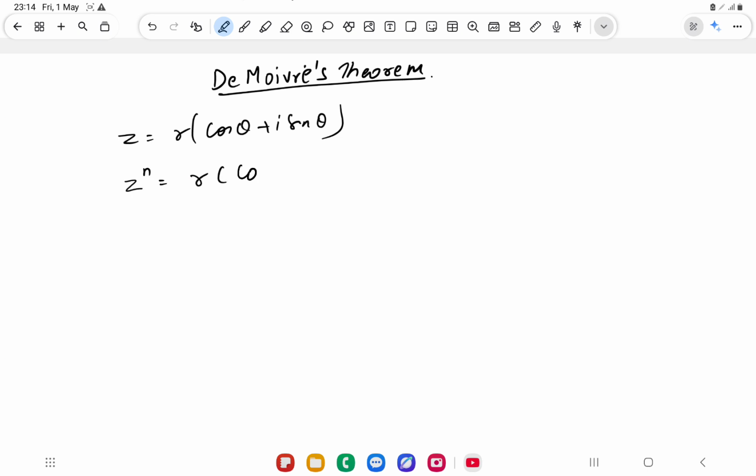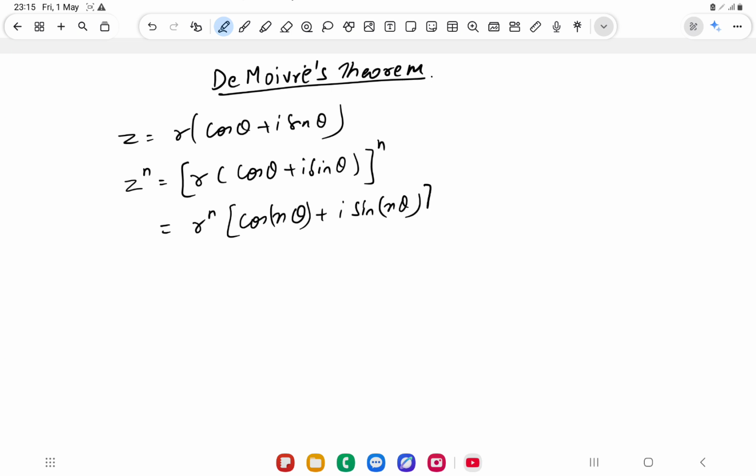It means I can put cos theta plus i sin theta whole to the power n. But to calculate this to the power n will be difficult. So according to this theorem, it becomes r to the power n, and this n gets multiplied with theta, both the thetas. So this is how you can use de Moivre's theorem to solve any complex number.